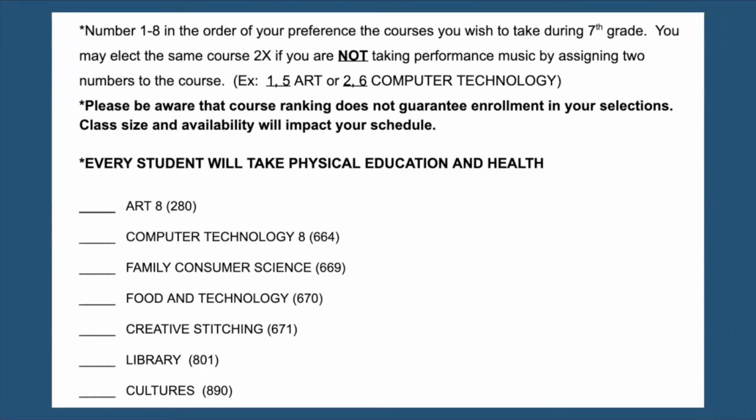But this does not guarantee your enrollment in your selections because class size and availability will impact your schedule. So not all 200 students coming into 7th grade will be able to take every single course because we just don't always have enough chairs or computers in a certain course. However, every student, again, this is a reminder, every student will take physical education and health.